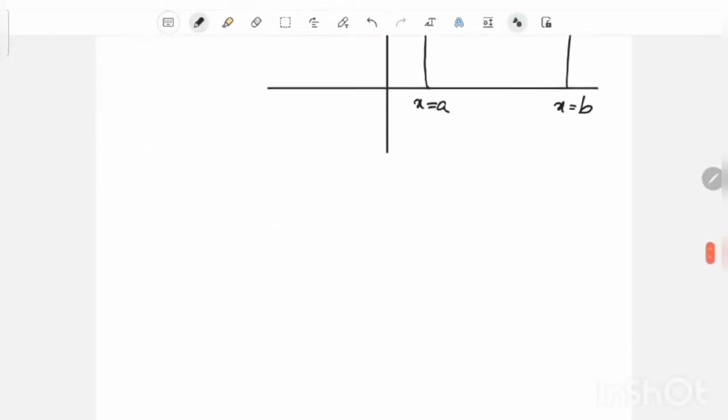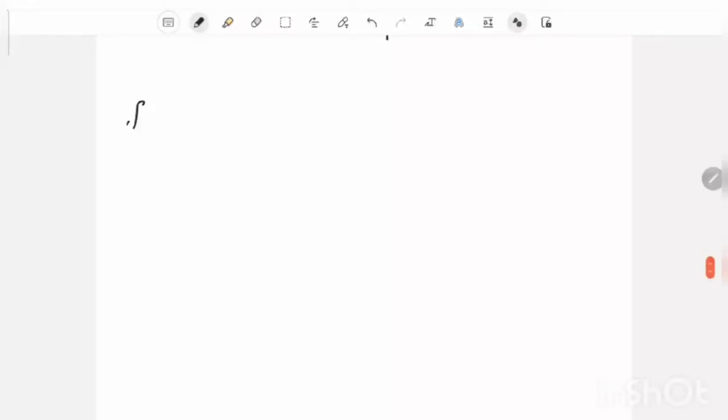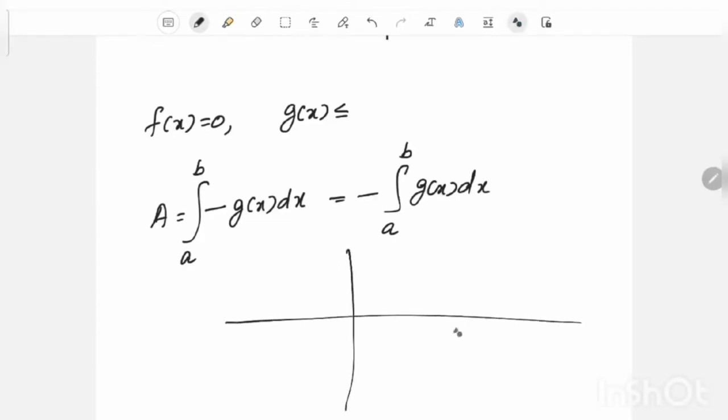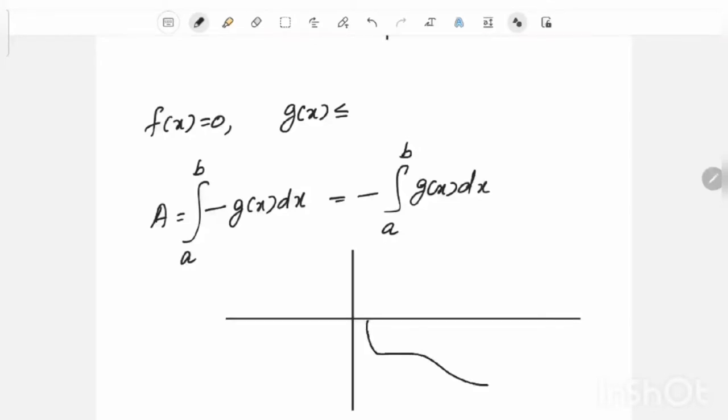Similarly, if f of x is equal to 0, then g of x is less than or equal to 0, and A equals minus integral a to b g of x dx gives the area between the curve g of x and the x-axis.